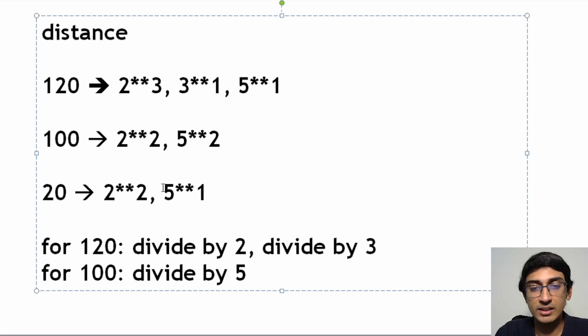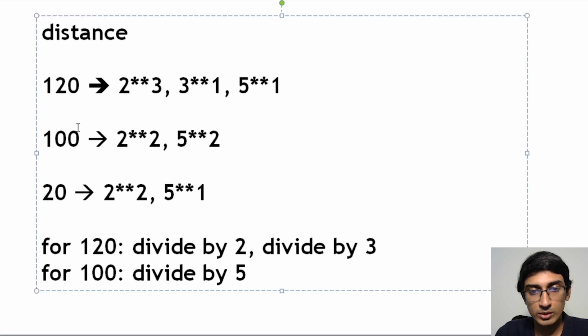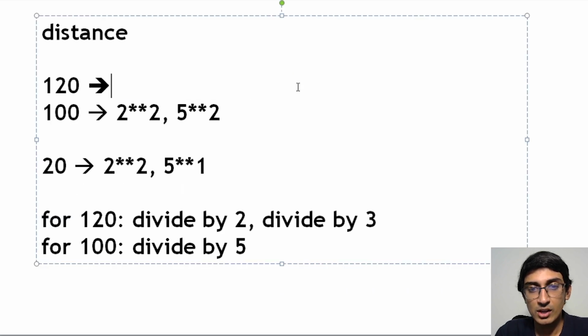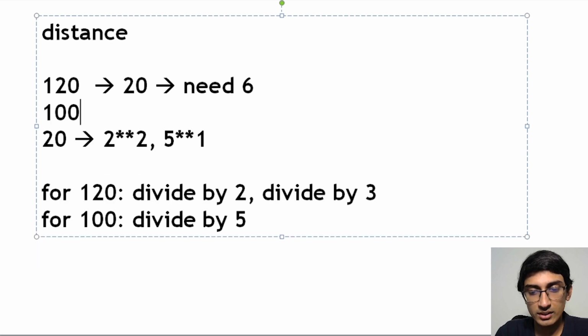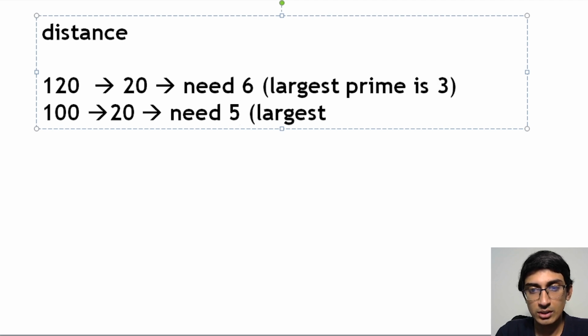So for example, let me just go back to this. Instead of prime factorizing like this, from 120 to 20 I need 6, and for 100 to 20 I need 5. So this is good. Here the largest prime is 3, and here the largest prime is 5.